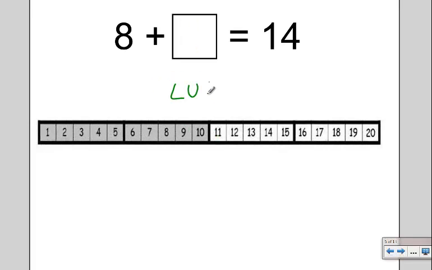For Lucy, I start at 8 again, and I've got to go 1, 2, 3, 4, 5, 6 numbers to be able to get to 14. With Scoop, I've got to get all the way to 16, and we can do that again. 1, 2, 3, 4, 5, 6, 7, 8. So I can use my number strategies, but I can also use tools to be able to solve my answers.